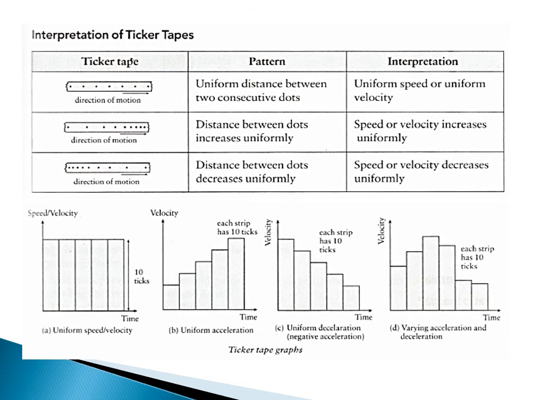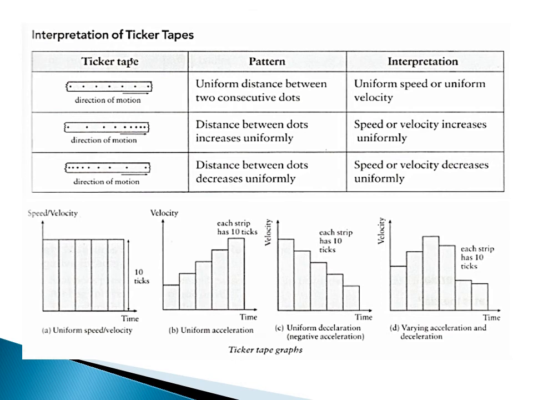Slow is the far distance between the dots, and the faster one is when the dots are nearer. So it starts from the front, from faster to slower. That means the speed is decreasing uniformly.